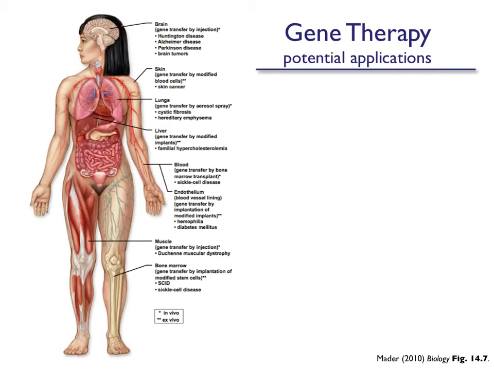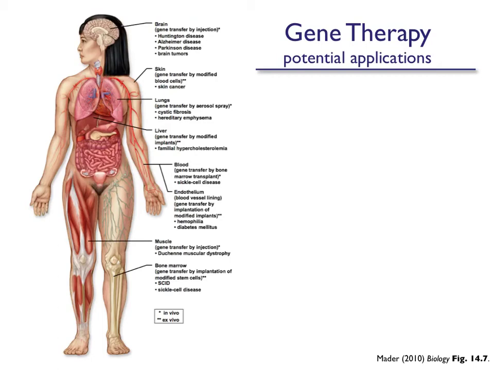The idea is that there's a gene that's not functioning properly in a human, that it can be replaced by a functioning gene and thereby alleviate certain disorders. There's two possible ways to do this. First of all, direct injection, by directly injecting genes in a certain region. The other is to remove a cell, like a stem cell, modify that stem cell, and replace that stem cell. Any cell that then divides from that stem cell would have the modified gene in it.